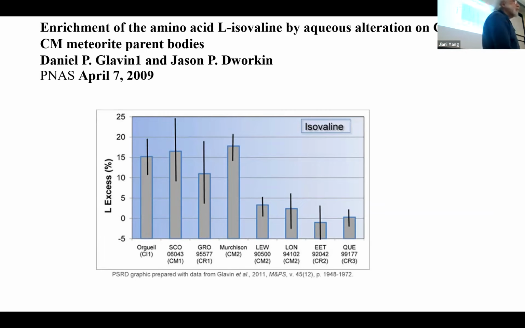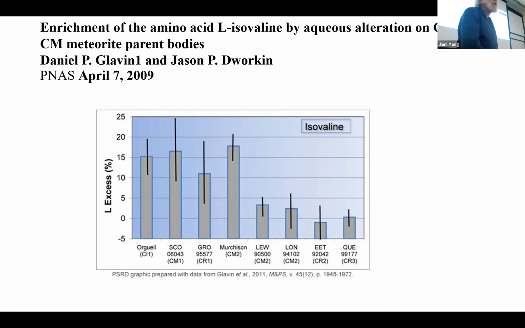Because the most important thing that's happened in carbonaceous chondrites in recent times is the enrichment of amino acids. The enrichment of amino acids in it depends on the aqueous alteration on C1 and CM meteorites.